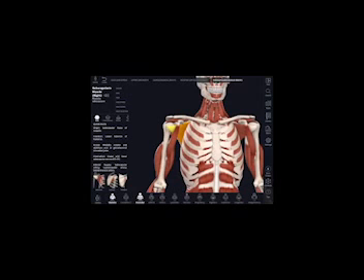So when this muscle contracts, it rotates the humeral head medially. So that is another muscle that is going to internally rotate the humerus. Oh, and then there's the anterior deltoid as well.